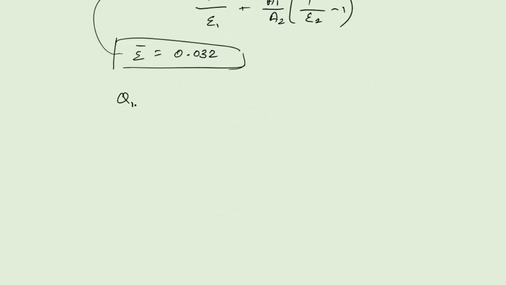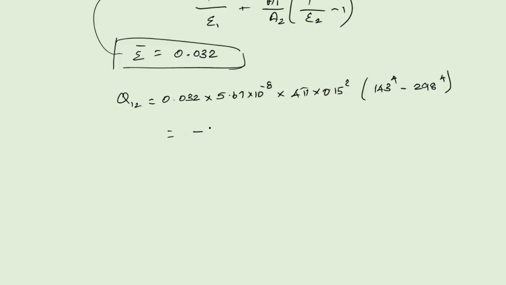So Q12 equal to 0.032 into 5.67 into 10 to the power minus 8 into 4 pi into 0.15 squared into 143 to the power 4 minus 298 to the power 4. So you will get the answer as minus 3.83 watts.